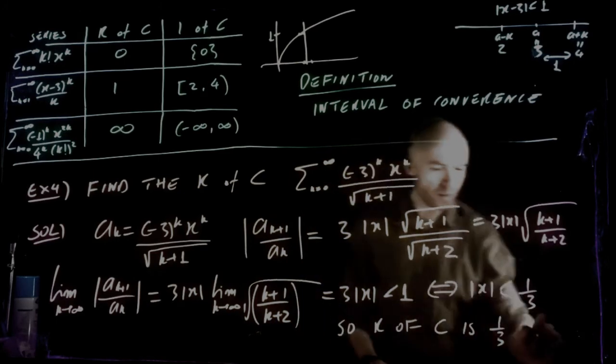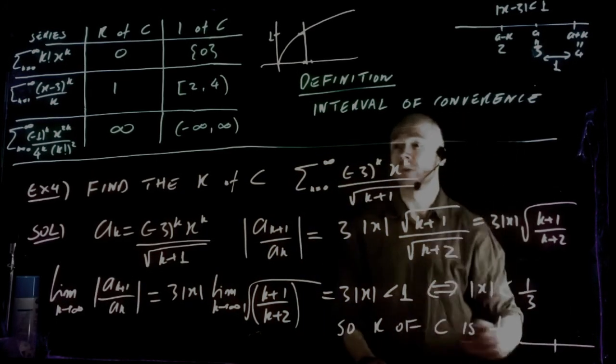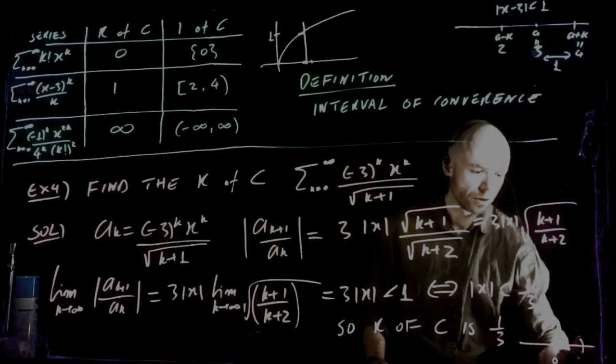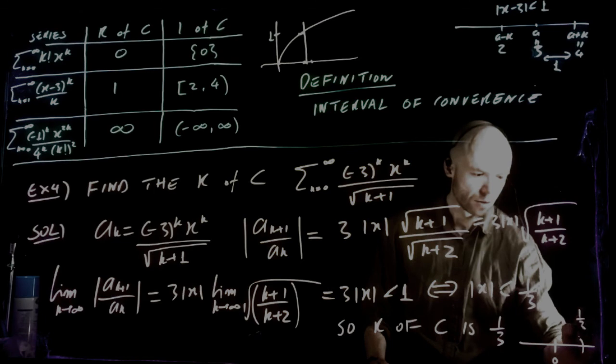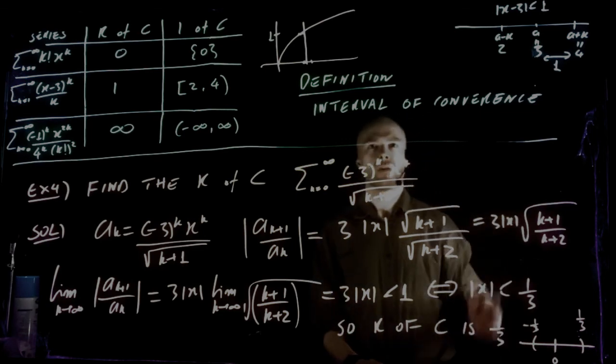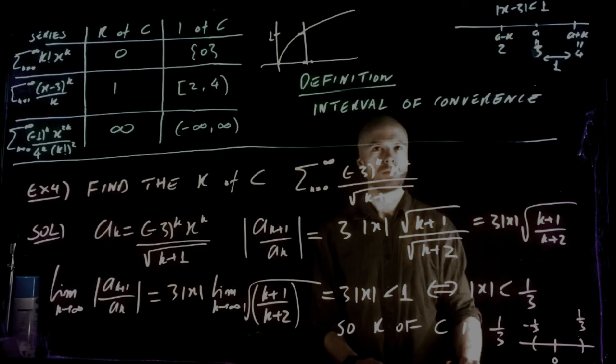If we were going to find the interval of convergence, then what would we do? Well, this series is centered around 0, right? And we know it's definitely going to converge if we are strictly between 1 over 3 and minus 1 over 3. But to actually find the interval of convergence, we need to check these endpoints, 1 over 3 and minus 1 over 3.